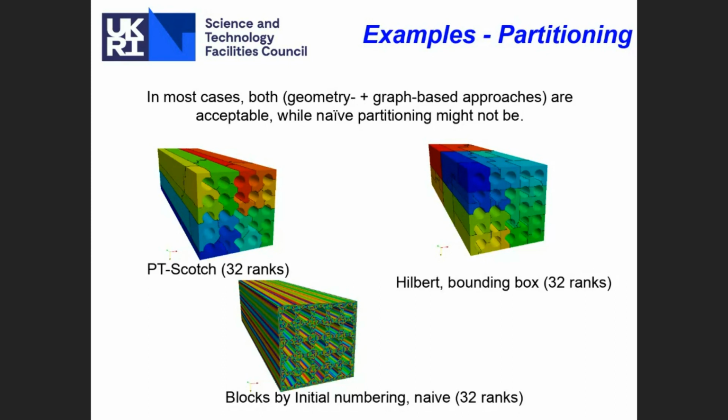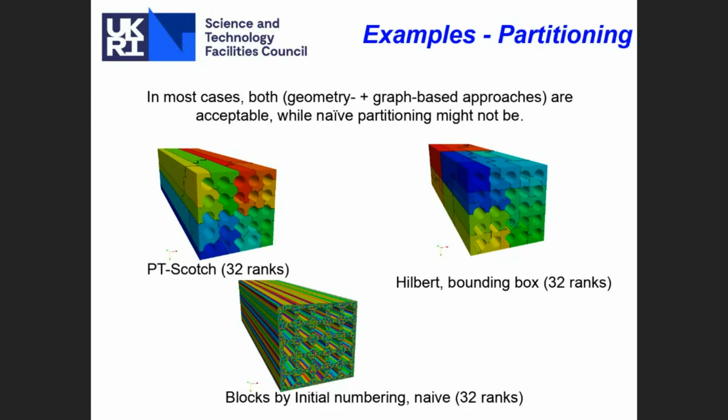But if you use what is called a naive numbering without any of this treatment, you end up at the bottom of the slide with colors all over the place. Basically, all the red at the bottom corresponds to what is run on one processor.